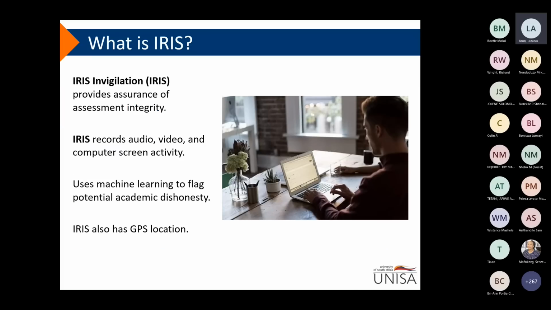So what is IRIS? IRIS is an invigilation tool like the other tools that we have to ensure assessment integrity during the online examinations. There's a specific reason why we use IRIS in CSET. It's because of the different governing bodies and quality assurance boards.